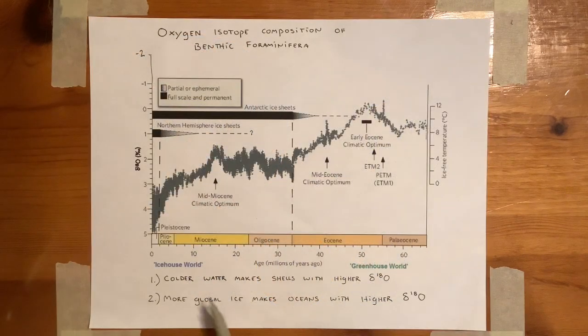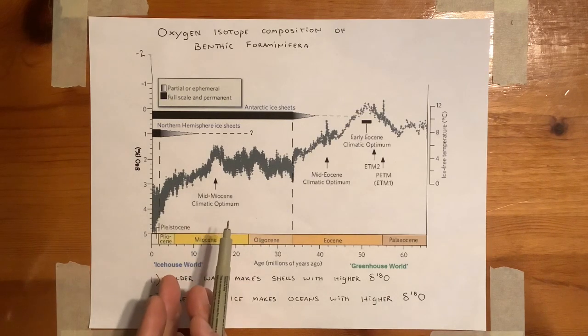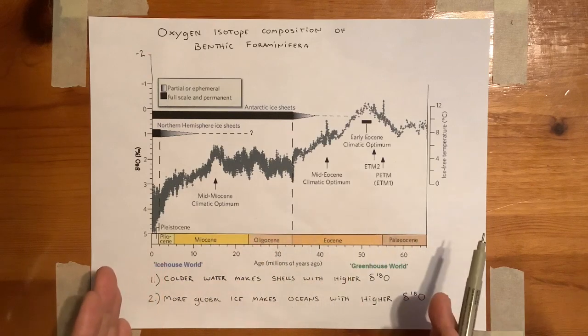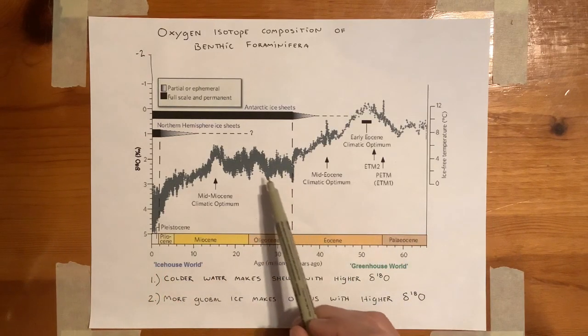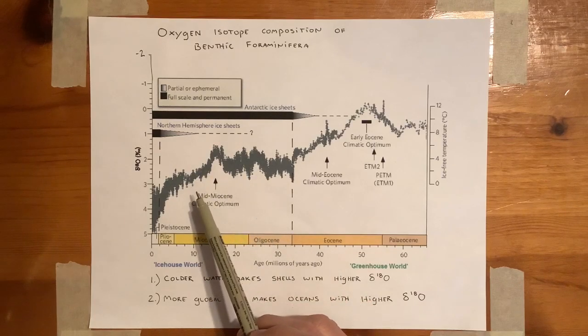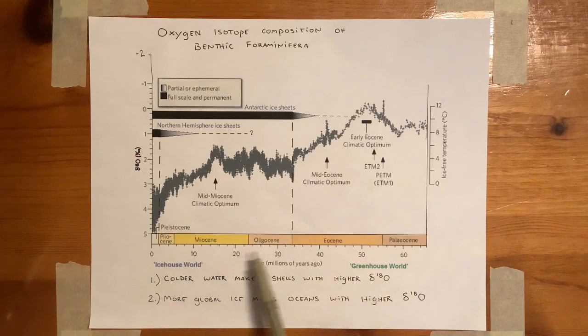So this plot takes us from over 60 million years ago to the present, but to understand the process that modulates the ice albedo feedback, we're going to have to get a higher resolution record, so a smaller slice of time. We're going to expand that small slice of time to look at it in greater detail, because we just can't see the detail that we need on a record that's this long.